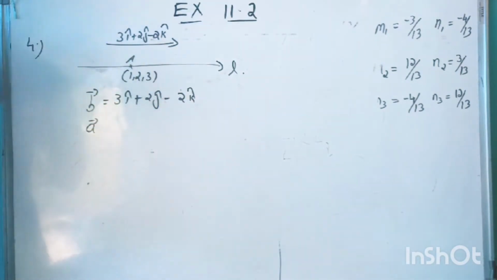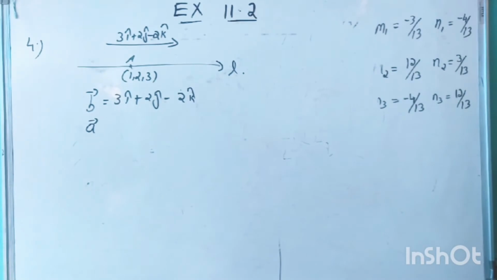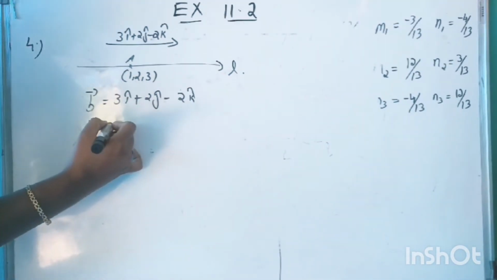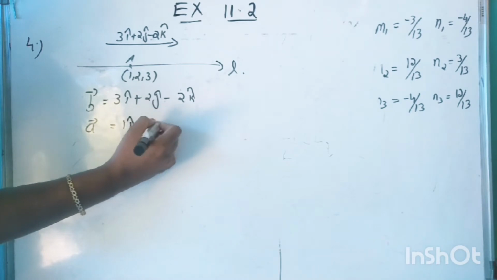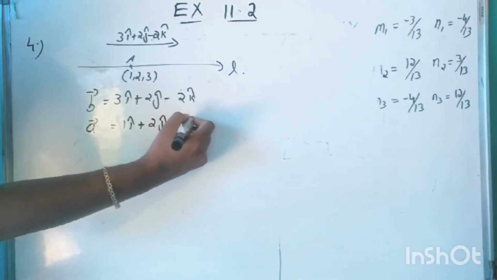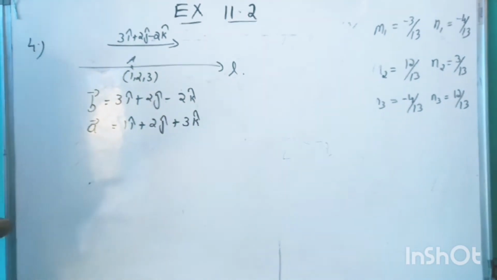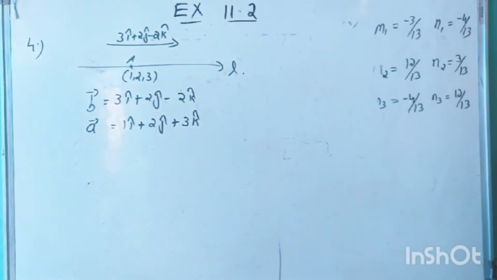Then A vector is equal to 1i cap plus 2j cap plus 3k cap. So we got our A vector and B vector.